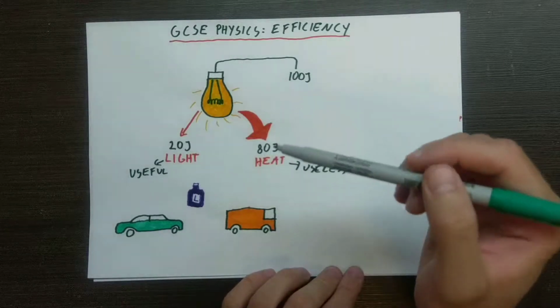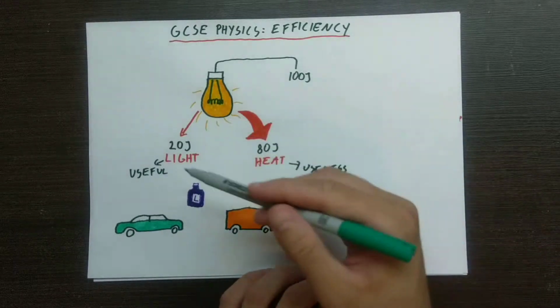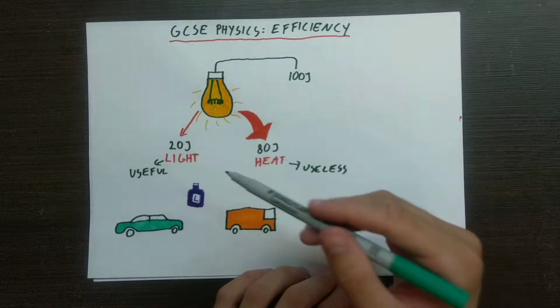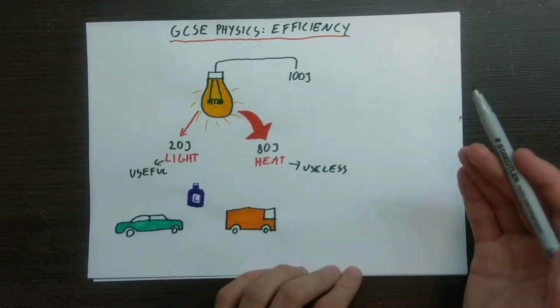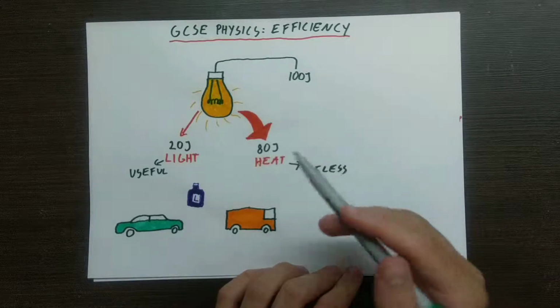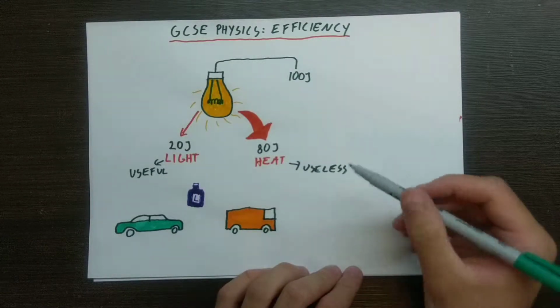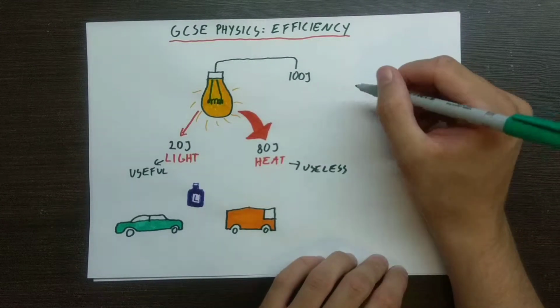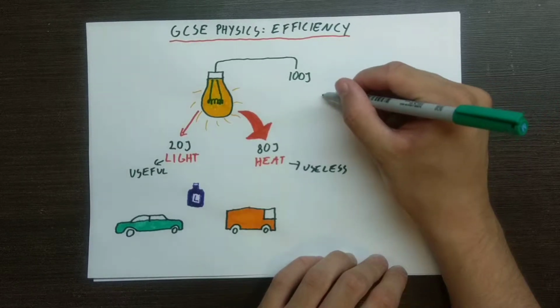So, now, how would we express this? As in physics, we always have some equations. How do we express the efficiency of that light bulb? Well, the equation goes like this.